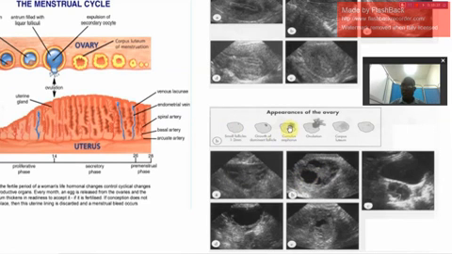As you can see here, this is the ovulation time. You can see the dominant follicle has been ovulated at this stage. Finally comes a corpus luteum. So this mature follicle has been ruptured to release an egg.